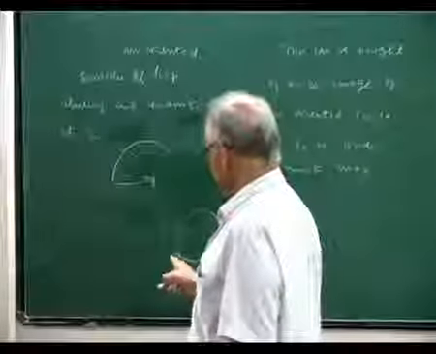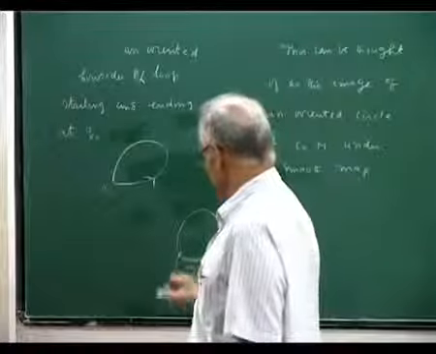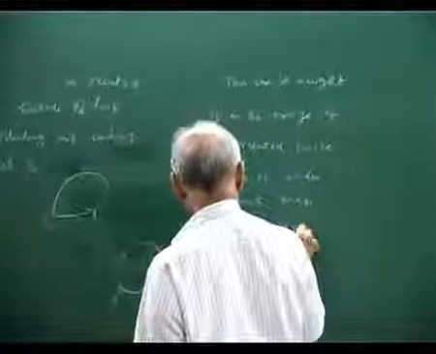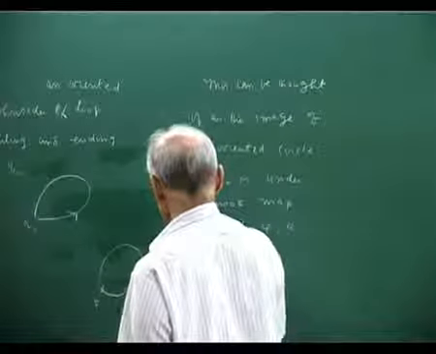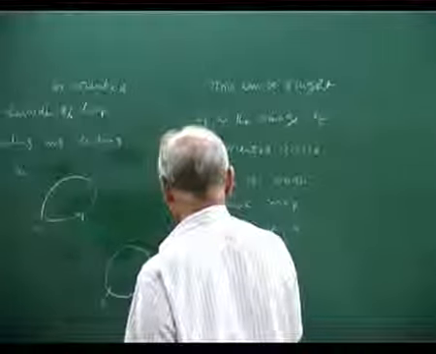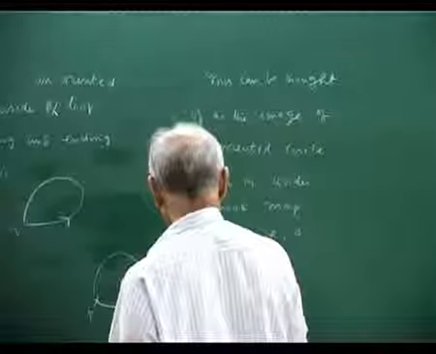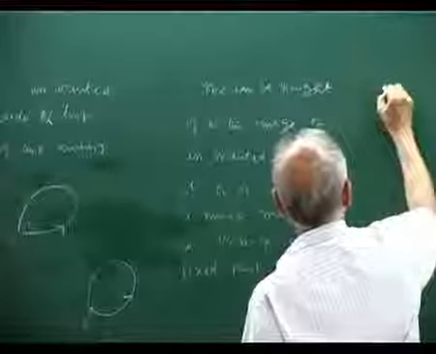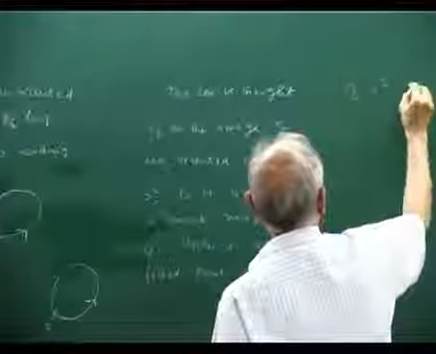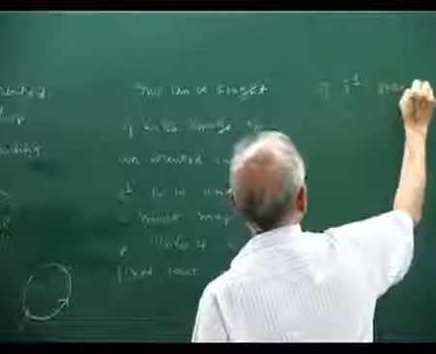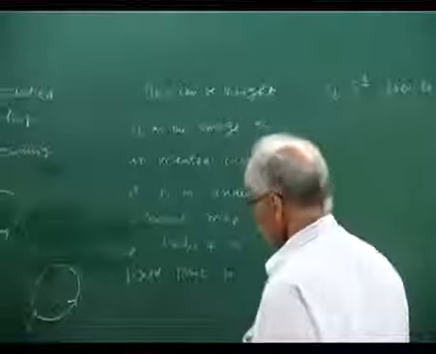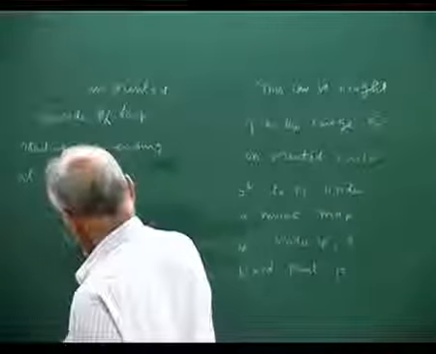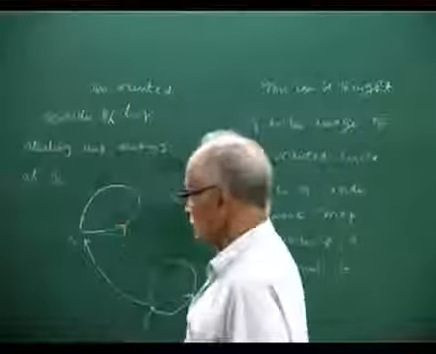Then I should also say that under phi, a fixed point P of S1 goes to Q0. So you map this circle here, this point here goes here.